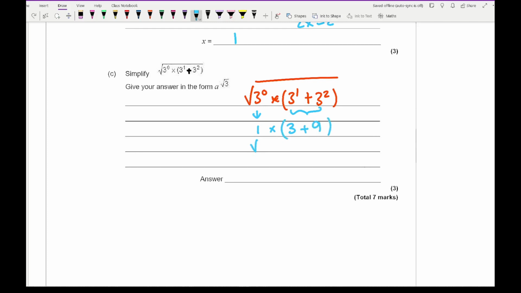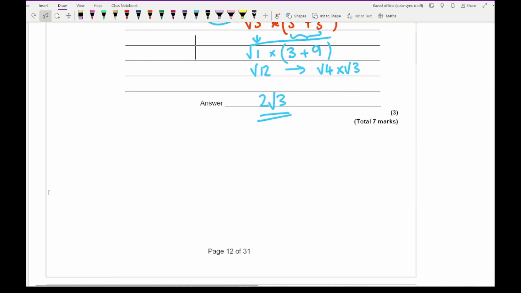So we've got the square root of all of that, 1 times 12, which is 12. And then we want to simplify it. So root 12 can be written as root 4 times root 3. Root 4 is 2. Can't simplify root 3, and there is our final answer. And as you can see, it's written in the form that they want me to, so a equals 2.